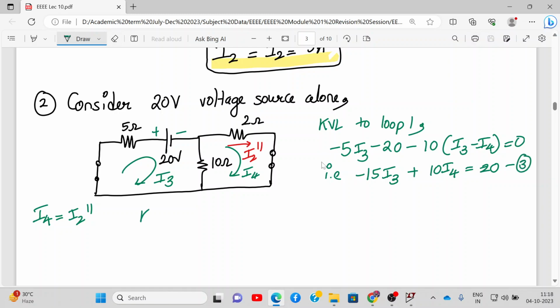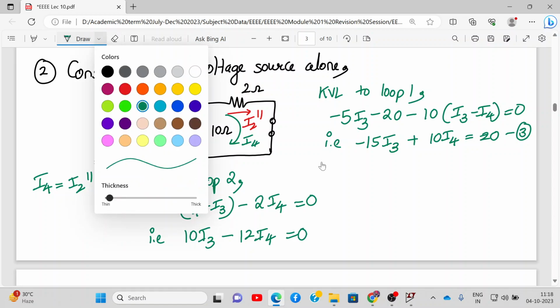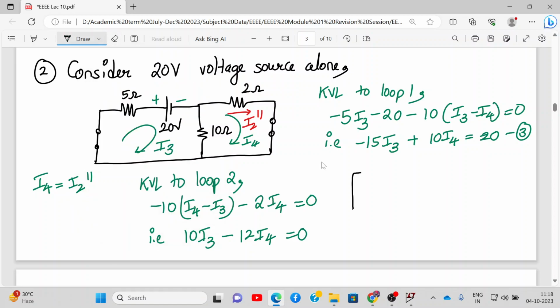Alright. Now we apply KVL to loop number 2. So what do we get? Minus 10 (I4 minus I3) minus 2 I4 is equal to 0. Alright. So over here we get 10 I3 minus 12 I4 is equal to 0. Now we have two equations, and two unknowns are there, I3 and I4.